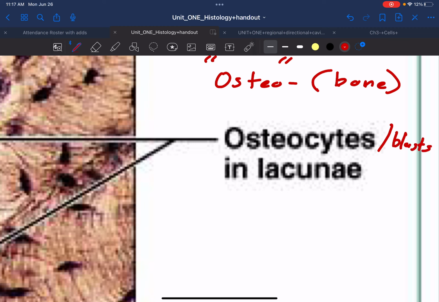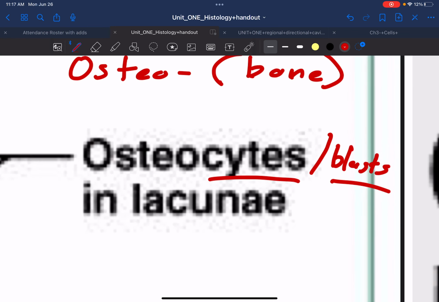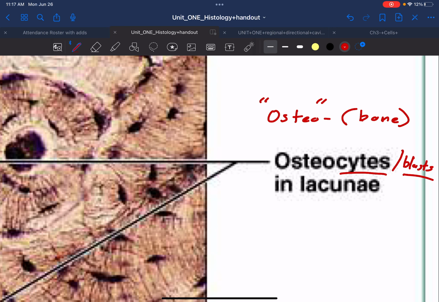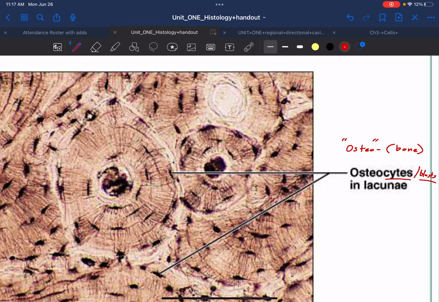There will be blasts. That's why I really want you to get used to the words cytes and blast. I used to only make people learn what's on these cards, but I realize it's more productive to get blasts and cytes in your brain as early as possible. Right now we don't care about the difference, but you can call it either an osteoblast or an osteocyte.